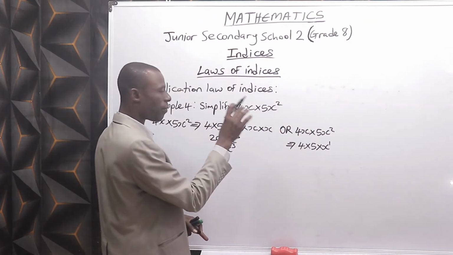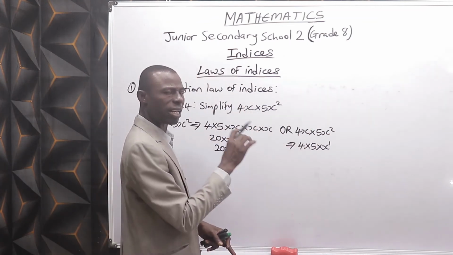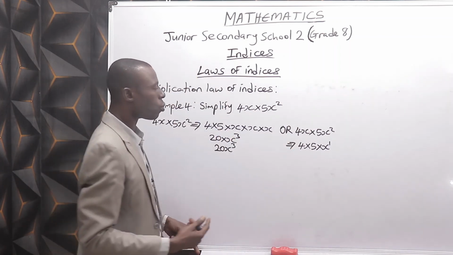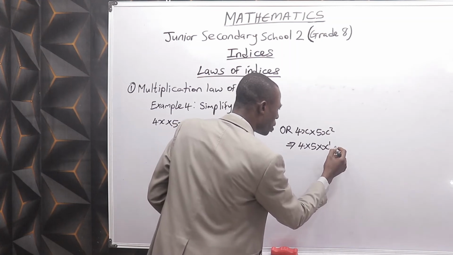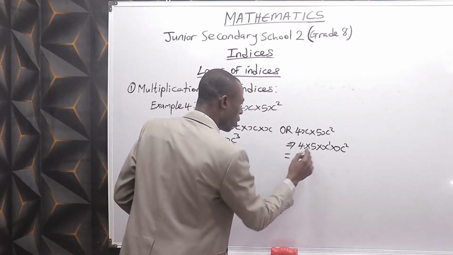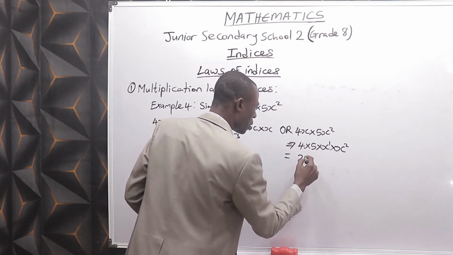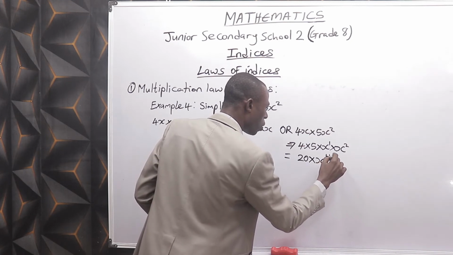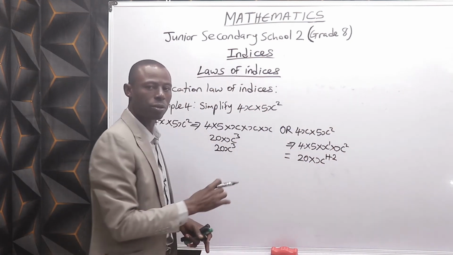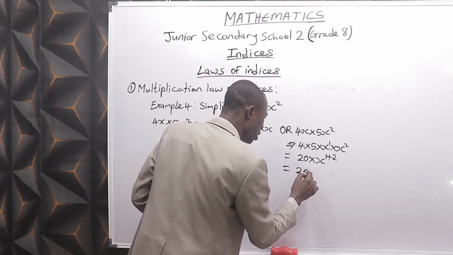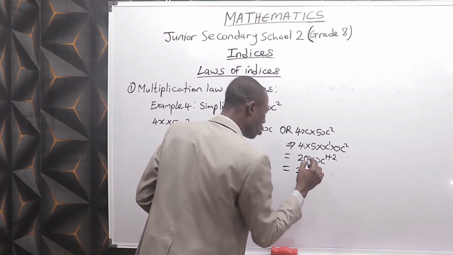Once it is invisible, once it seems there is no power on a particular variable, then power 1 is there. You now have to make it visible. Times x raised to power 2. 4 times 5 is 20 times x raised to power 1 plus 2. You add the powers together. So this will be 20x raised to power 3.